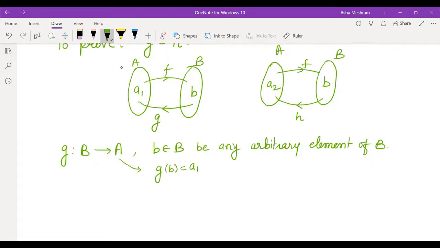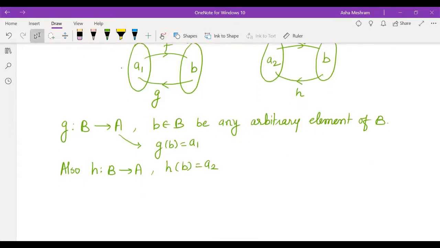You can see here in the diagram. And also that H is a mapping from B to A. So for this mapping, H of b, we get some a2.